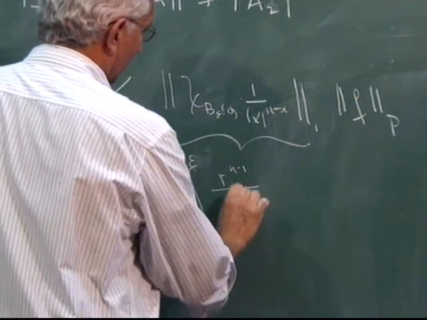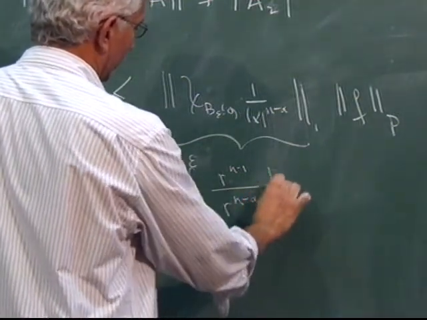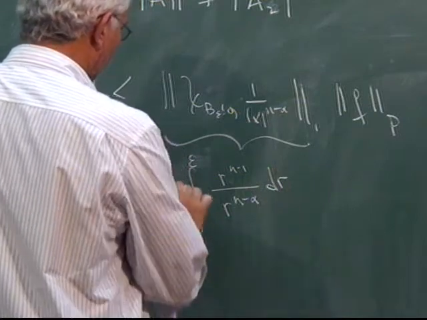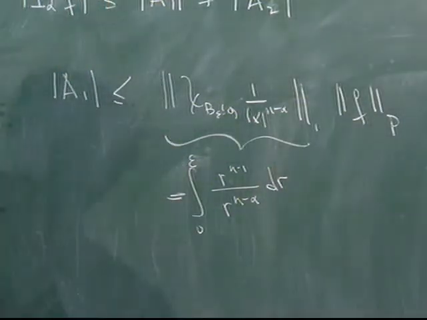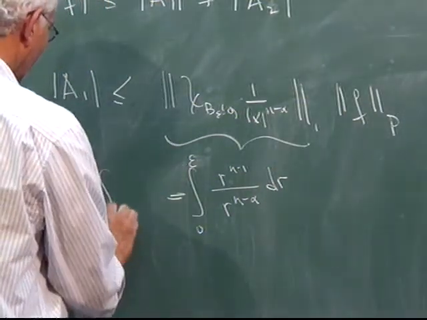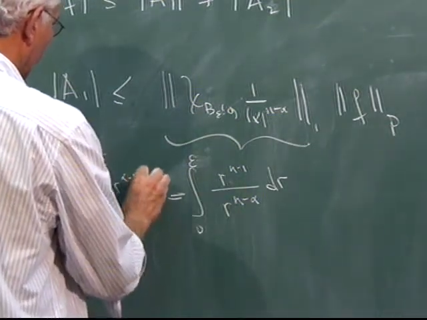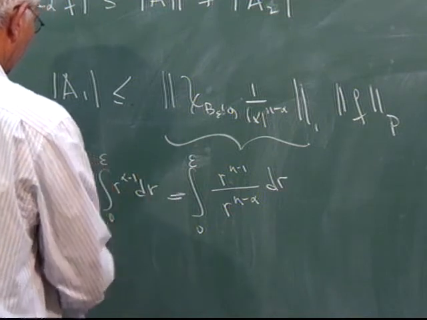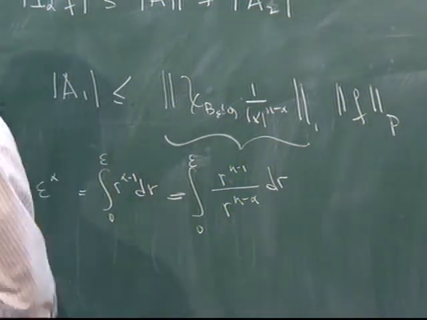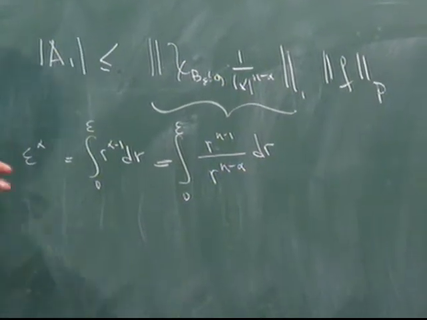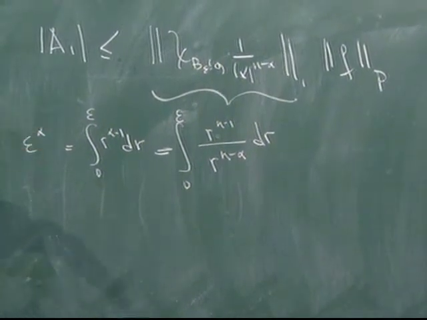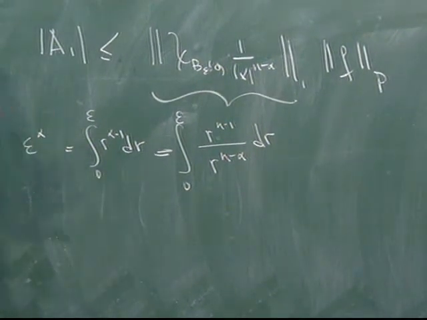This is r^(n minus alpha) dr, and therefore this is exactly equal to the integral between 0 and epsilon, r^(alpha minus 1) dr. This is epsilon to the power alpha, right? Divided by something. Okay, all the constants, irrelevant constants, okay? Okay, this is epsilon to the alpha. Is this okay? Okay, let's go here.